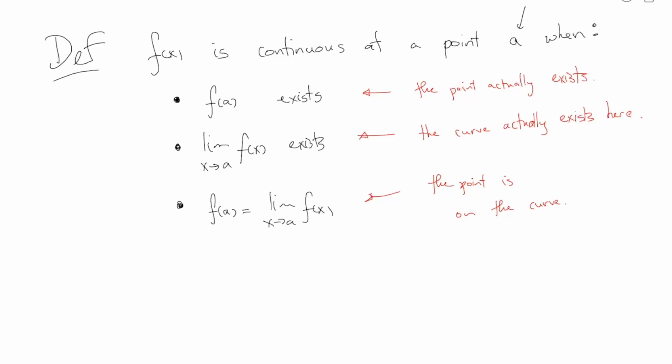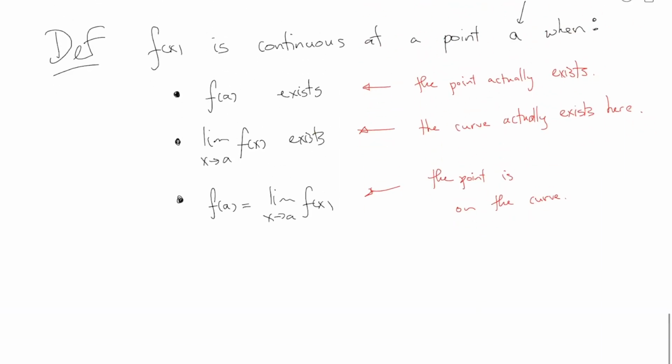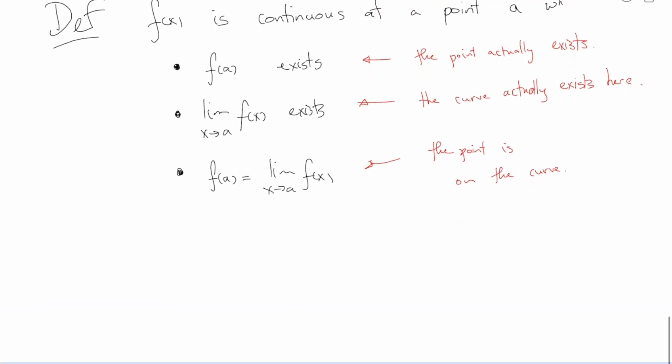So this is the technical way of saying exactly what you mean by I can draw the thing without lifting my pencil or something. That's kind of informal language. This is a more formal way of saying the same thing. So for example, if you're looking at a particular example, can you identify based on the three properties whether it is continuous or not?